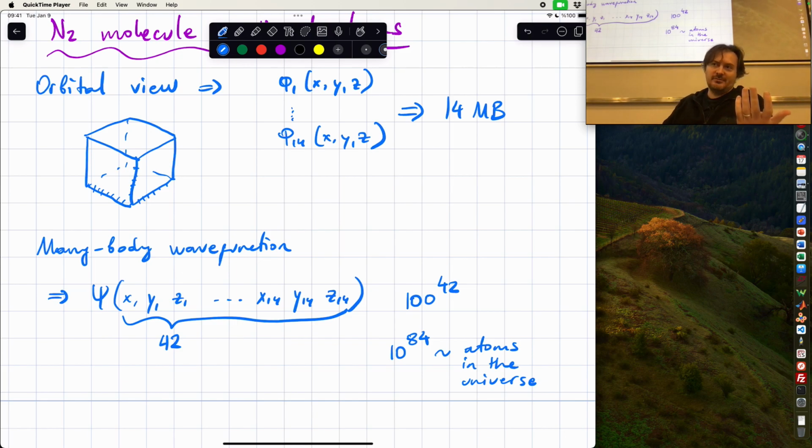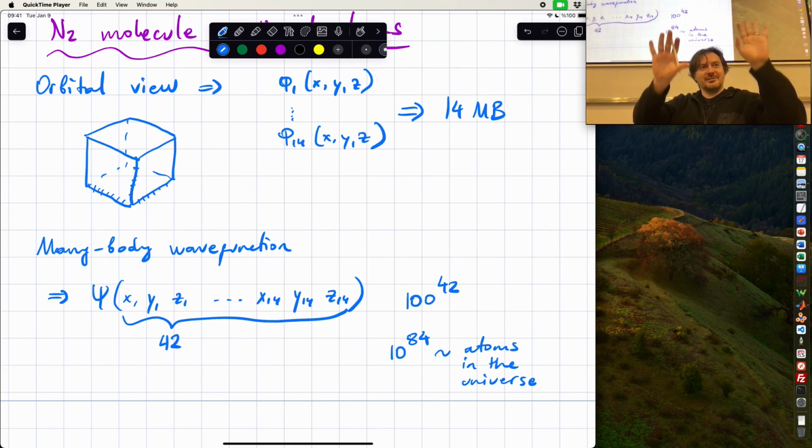In principle, even a one-dimensional wave function is infinite dimensional, right? You remember Hilbert space? Now multiply that Hilbert space. Every time you have a particle, you get another Hilbert space.